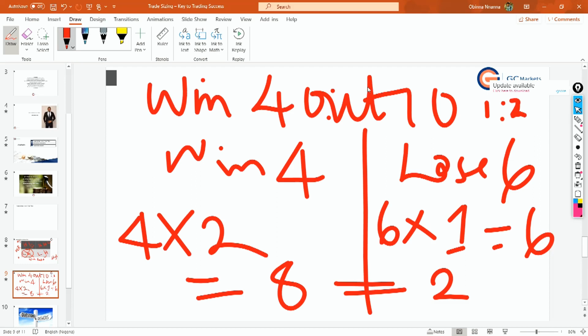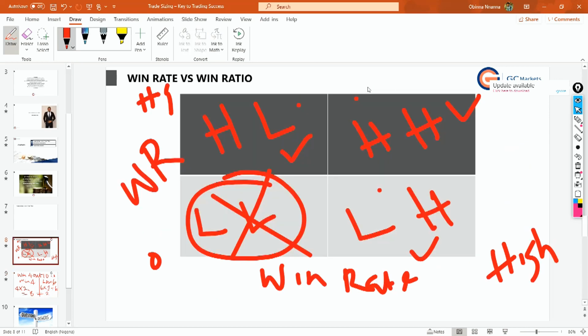Now, the other quadrant, which is where we all strive to be, is where we have a high win rate and a high win ratio. So say out of every 10 trades, we win about 6 trades, which is more than half, or maybe 6 or 7. And then we risk 1 to make 2 in each of our trades. So you see the whole concept now comes alive.